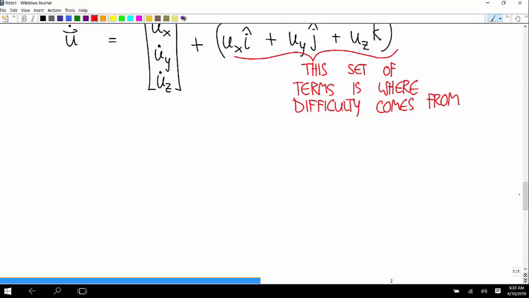So now intuitively, I want to just try to give you a sense of why you can't just use accelerations measured in a rotating coordinate system and plug them right into Newton's laws and just go on from there.